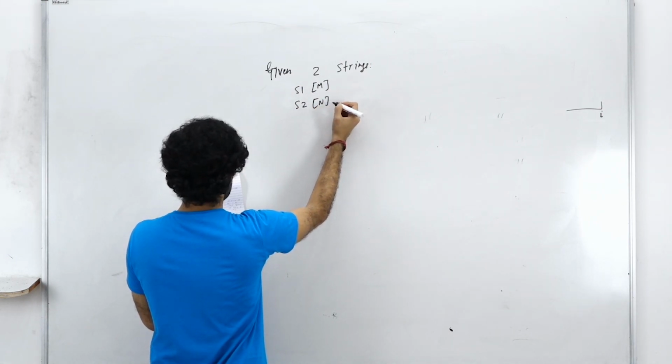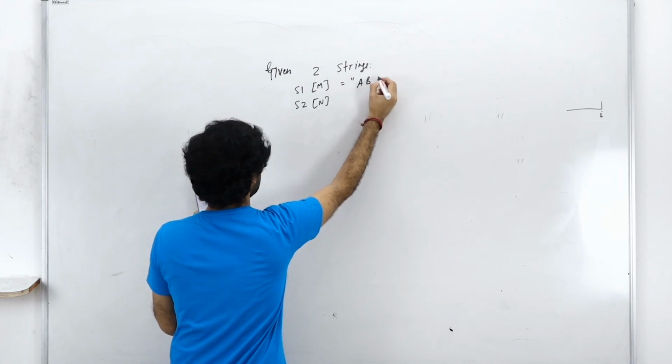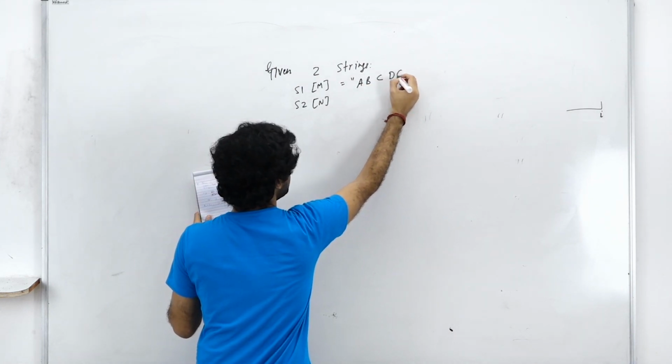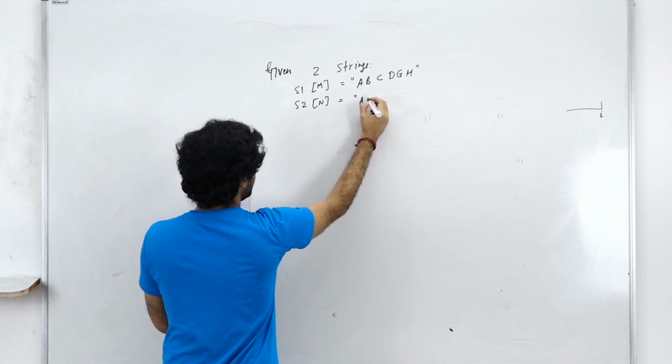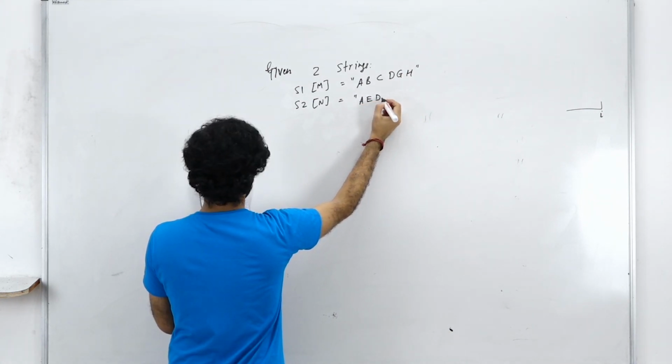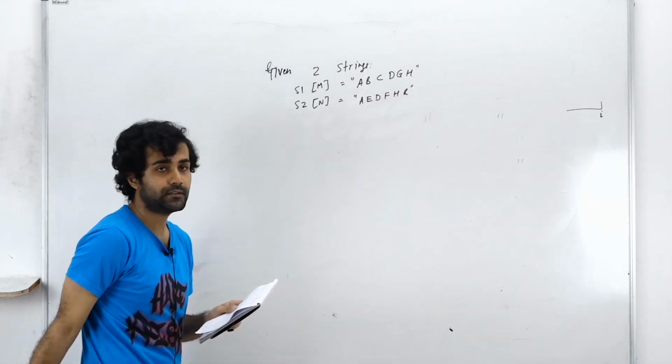Let's say this one is A, B, C, D, G and H, and let's say the second one is A, E, D, F, H and R.